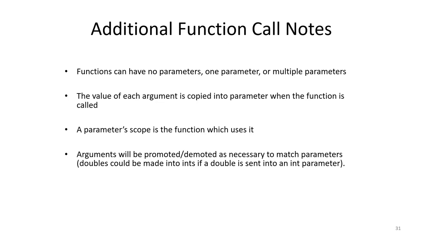Other things to know about functions. Functions can have no parameters, one parameter, or multiple parameters. So functions don't have to always take an argument. Some functions take no arguments, while other functions can take many arguments. And for now, we are using a procedure called pass by value, or call by value, and that means the value stored in each argument is copied into that parameter.